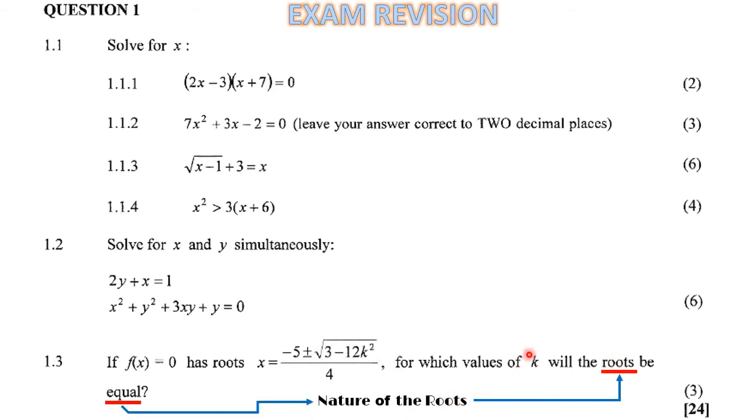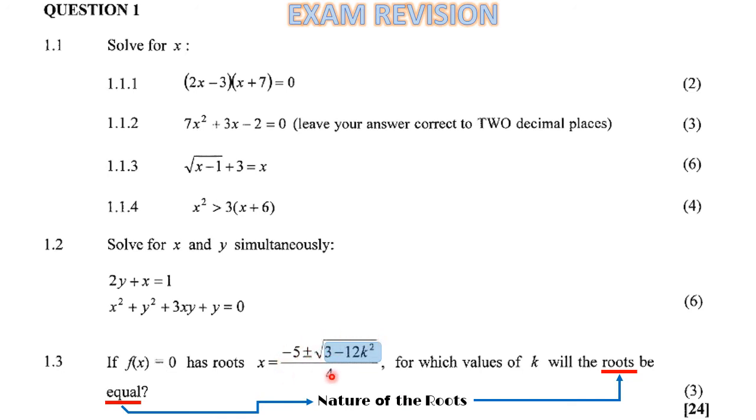When you say roots and you say equal, you are giving us the nature. Their nature is that the roots are equal. That is why when you say roots and their nature, then you know you're talking about the nature of the roots. But the nature of the roots is characterized by this section in the radical sign.